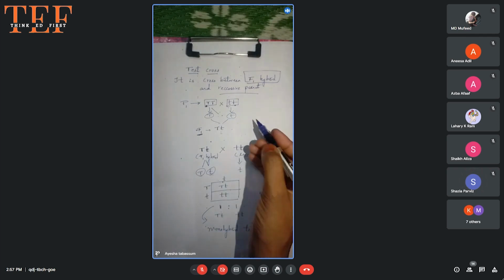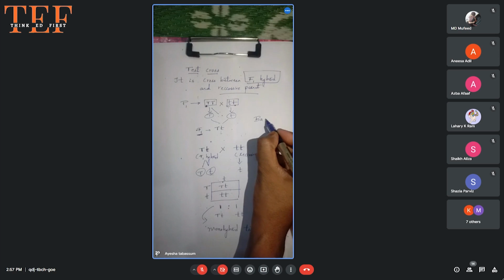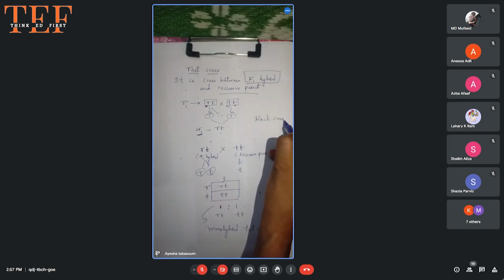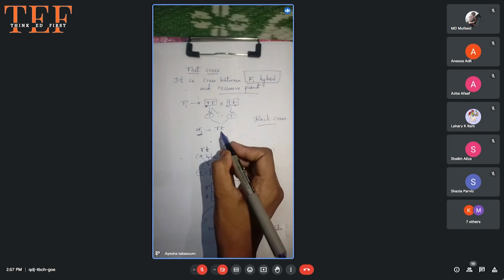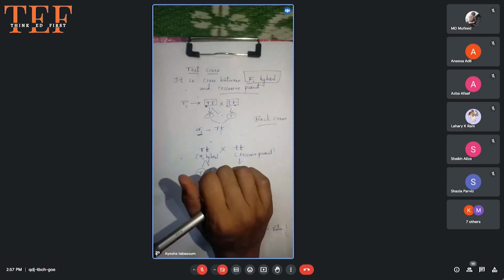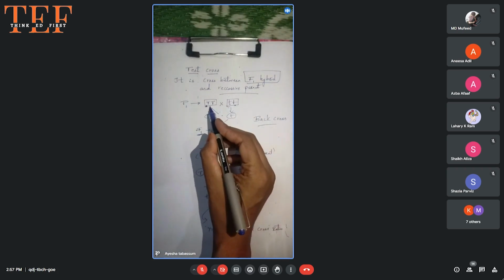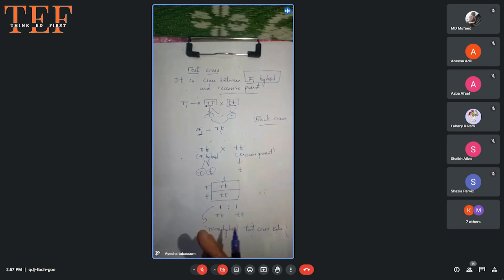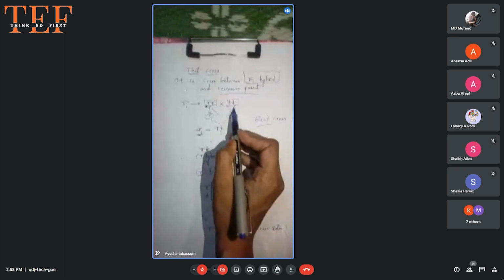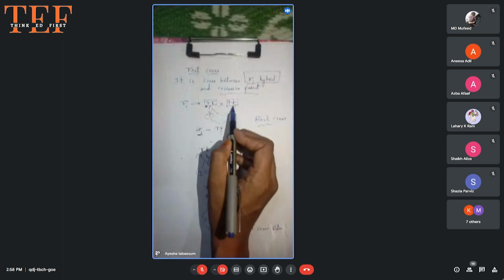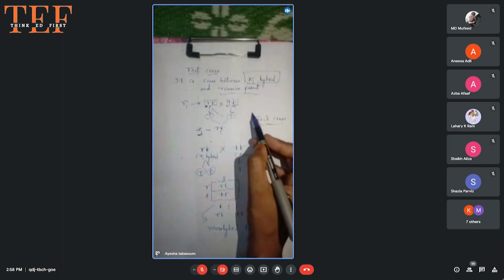So in case of back cross, it is a cross of F1 hybrid with any of the parents. If you are crossing the F1 hybrid with either the dominant parent or the recessive parent, it's not like no rules, no regulations. You can make a cross with either dominant or recessive parent, then it is called back cross.